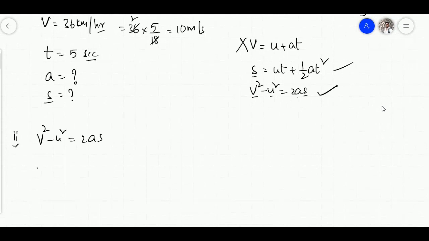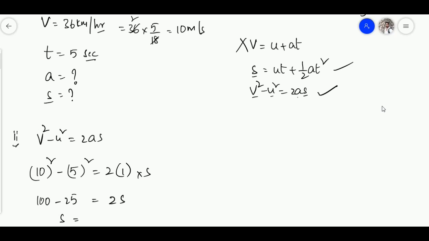Final velocity is 10, initial velocity is 5, and the acceleration we got as 1, and we have to find s. 100 minus 25 equal to 2s. So s will be equal to 75 divided by 2. That gives you 37.5 meters. Done.